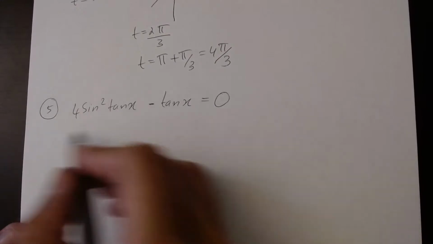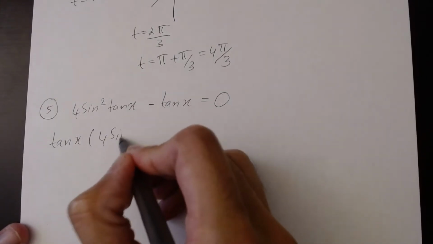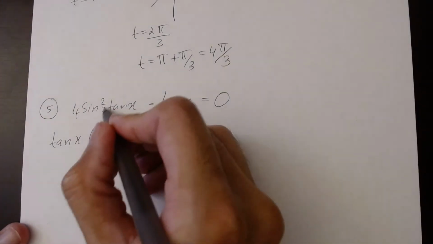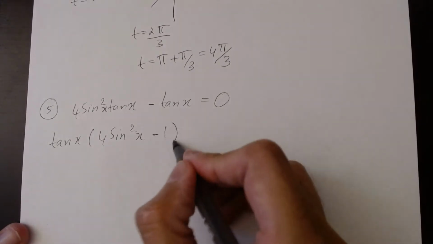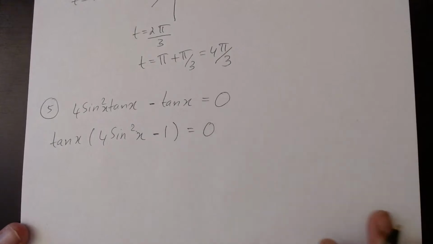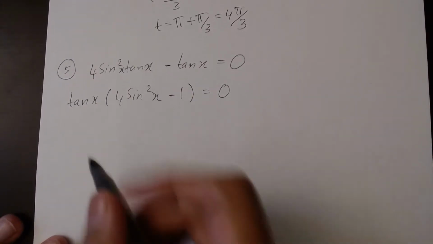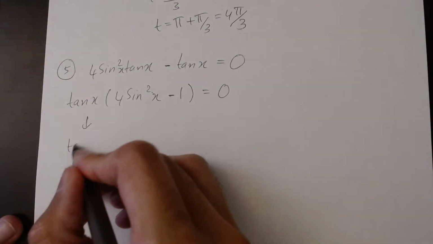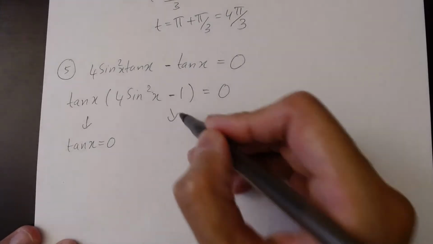I can common factor out tan x, and I'm left with 4 sine squared x minus 1 equals 0. Now you can factor this further, or you can just solve it. I prefer to solve because sometimes you can't actually factor and you'll have to solve. So I'll just stick with solving.